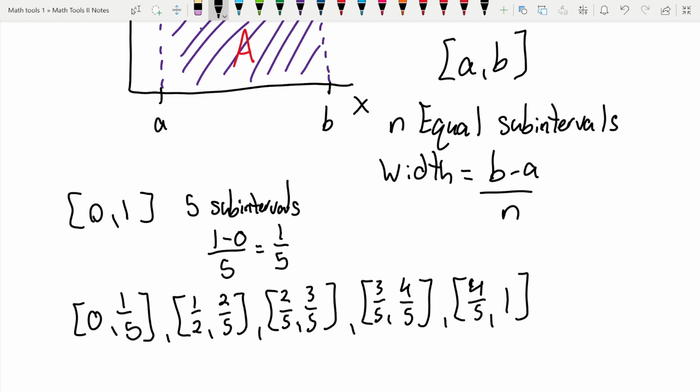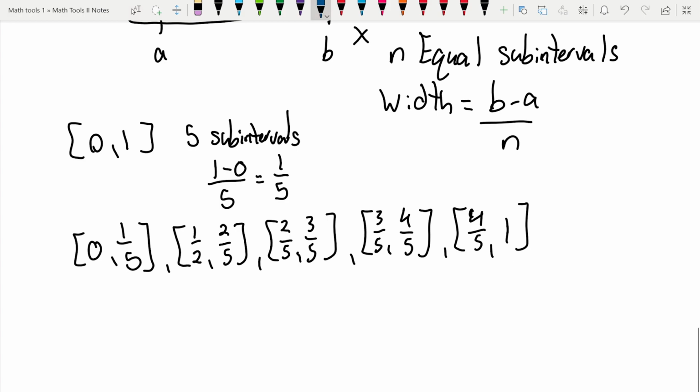We can basically take any interval and divide it into n equal subintervals, and we can divide it into non-equal subintervals as well.